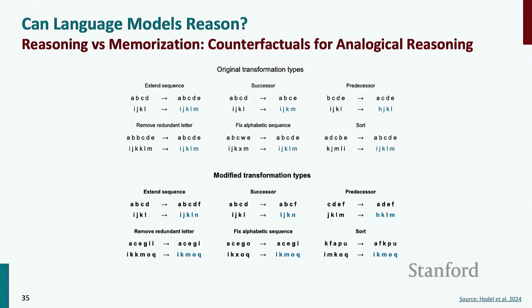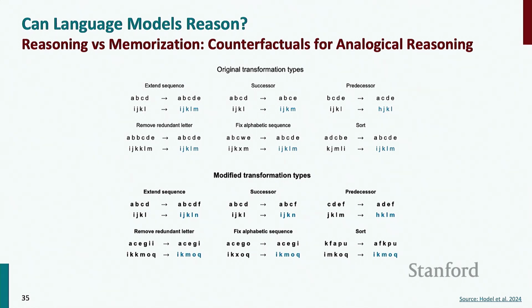So we could keep going with this paradigm of changing the problem setting so that it starts looking out of distribution to the training corpus. And this is exactly what was done in this paper that looked at analogical reasoning. So basically the setup is something like this. I'm going to show certain examples of string transformations, and I'm going to ask the model to generalize to new examples. So in this extend sequence problem, I have A, B, C, D, and the output is A, B, C, D, E. And then given I, J, K, L, the model has to produce I, J, K, L, M, and so on.